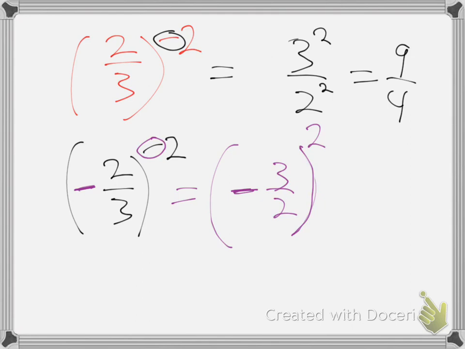So this 2 has power over him. It says 2 minuses. Minus go plus. Is that good? So it would just be plus 3 squared over 2 squared, or 9/4. We good?